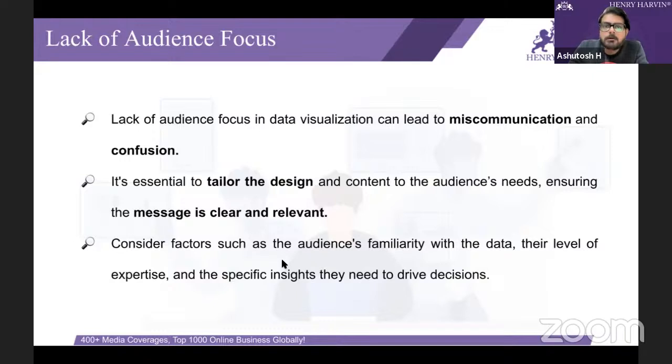Then again, lack of audience focus is also there. The audience is asking something, and you are miscommunicating something else. So lack of audience focus in data visualization could lead to miscommunication and confusion. It is suggested that based on the requirement, we tailor the design, the report, the dashboard, based on the customers' or the audience's need, so that the message we are trying to show, or the insights we are trying to share, are very clear and relevant.